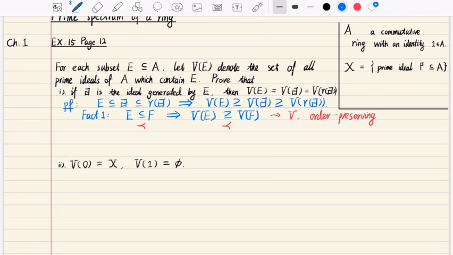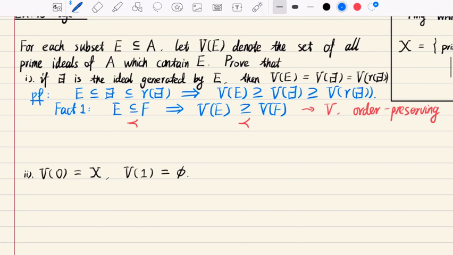We also need to prove the other direction, which means we need to prove that V(E) is contained in V(A), and V(A) is contained in V of the radical of A. This means any prime ideal containing E must contain A, and must contain the radical of A. To prove this, we need some observations.